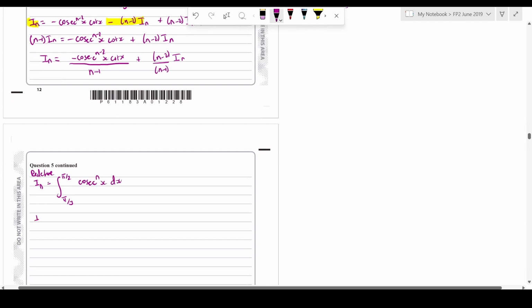So that means I2 is going to be the integral of cosec squared, which is said to be minus cot. So that's going to be minus cot of x evaluated between those two values. So that's going to be cot pi over 3 minus cot pi over 2. And that we need to put in the calculator.